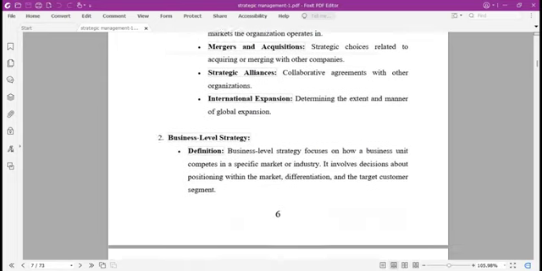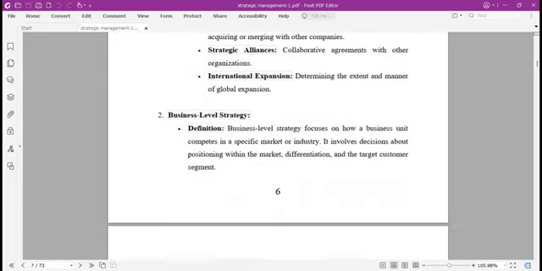Business level strategy. Business level strategy focuses on how a business unit competes in a specific market or industry. It involves decisions about positioning within the market, differentiation, and the target customer segment.